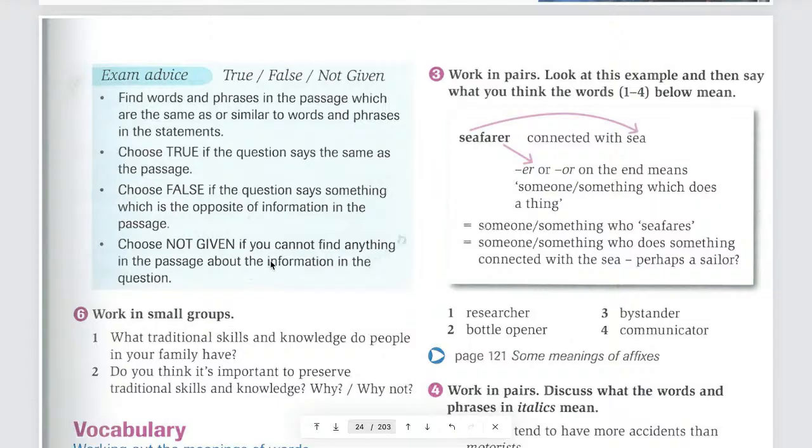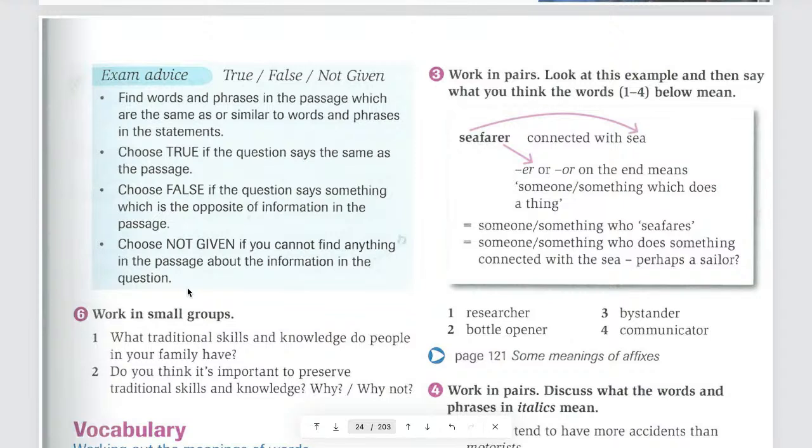Now, let's move on to not given. Choose not given if you cannot find anything in the passage about the information in the question. That doesn't mean that you cannot find anything about what is mentioned. No, don't misunderstand, okay? They still talk about that one, but they talk about it in different situations, or they are discussing some different things.